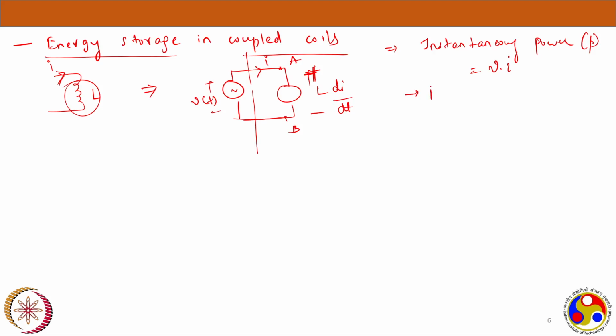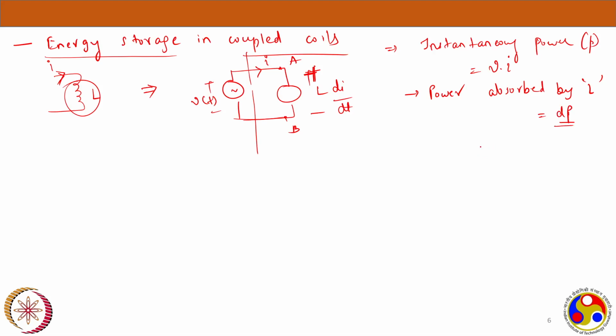Now the power absorbed by the inductance L, at that instant of time, we have di by dt. Now at that small dt of instant, the power absorbed is dp.